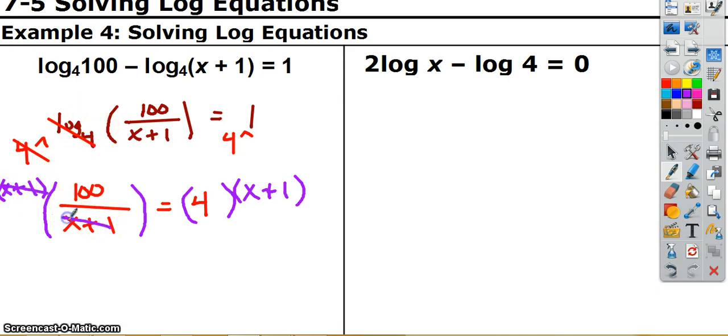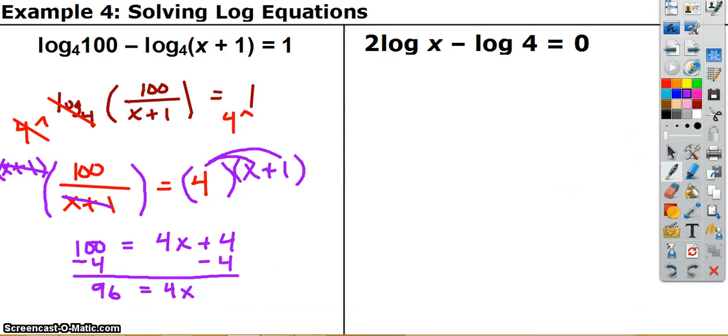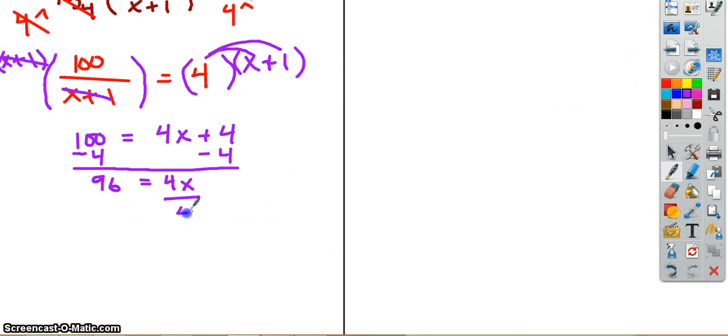We'll cancel out the x plus 1s. We get 100 equals, distributing the 4, 4x plus 4. I'm going to subtract 4, which gets me 96 equals 4x. Then I'm going to divide by 4, and 96 divided by 4 is 24.